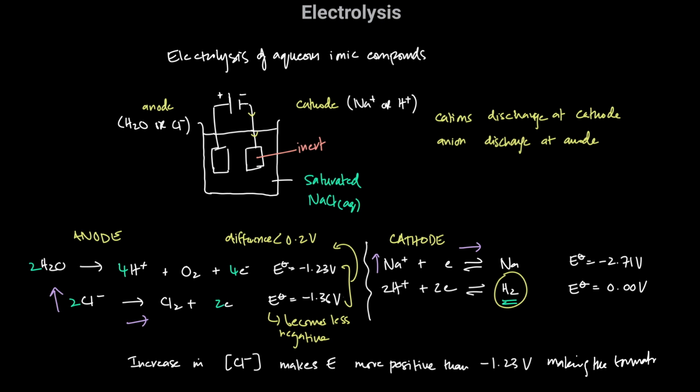So therefore we can say that in a saturated solution, instead of oxygen gas being discharged at the anode, our product at the anode will be chlorine gas.